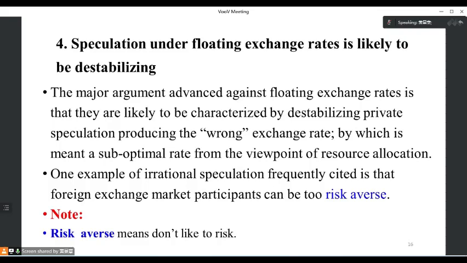One example of irrational speculation frequently cited is that foreign exchange market participants can be too risk averse. Risk averse. Let's see the explanation note. Risk averse means don't like to risk.